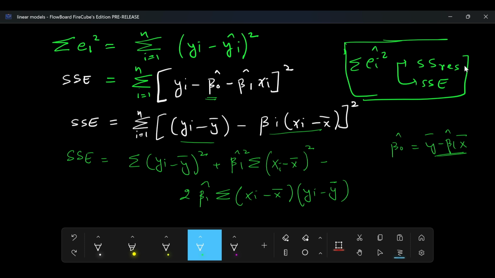This is a minus b whole square. This is a square plus b square minus 2ab, with i is equal to 1 to n in each summation.